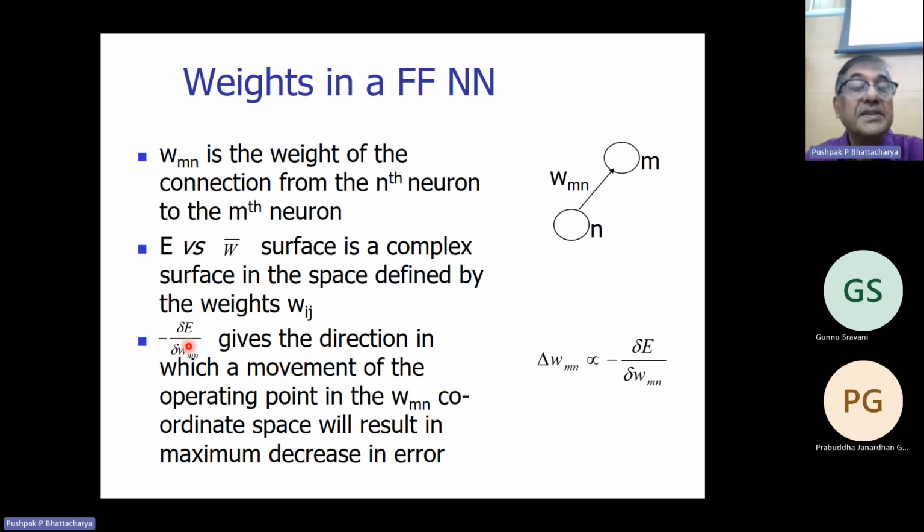So we consider the negative of the gradient, delta E by delta WMN. As we change WMN, the error also will change. We are interested in finding the direction in which maximum reduction in error will take place. That will happen by minus delta E by delta WMN. This is called the gradient descent rule. This is called the gradient.